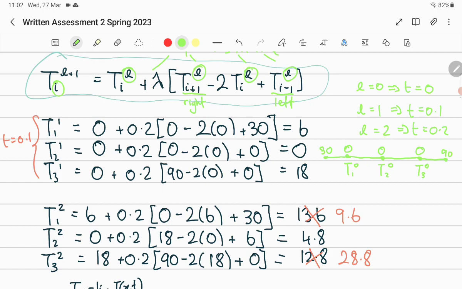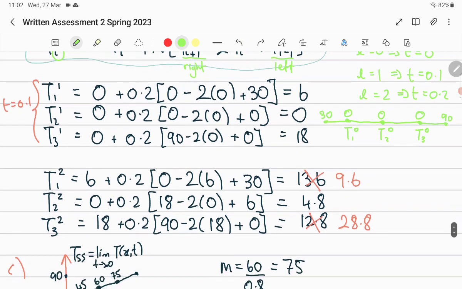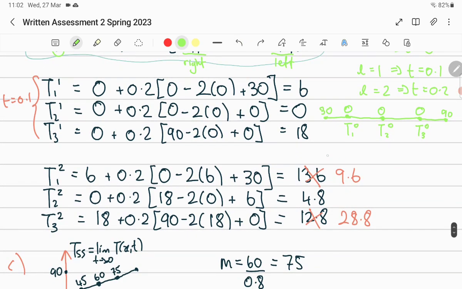So if you look at T1, the temperature to the right is 0. Minus twice the current temperature, which is T1. And then the temperature to the left is 30. If you look at temperature 2, the temperatures to the right and left are both 0. And for temperature 3, the temperature to the right is 90 and the temperature to the left is 0.